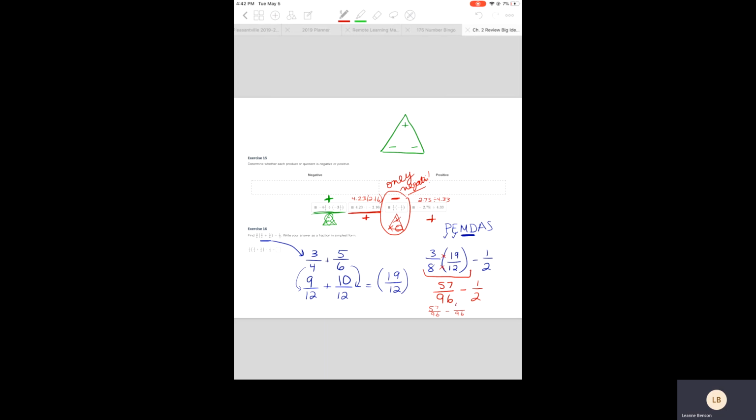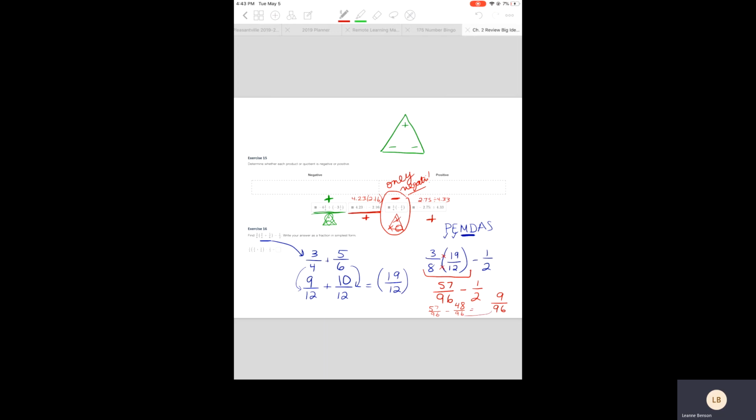So this would be 48 over 96, right? Because 48 is half of 96. And then I'm just going to subtract 57 minus 48, which will give me an answer of 9 over 96. And I believe that 3 goes into 96 evenly.